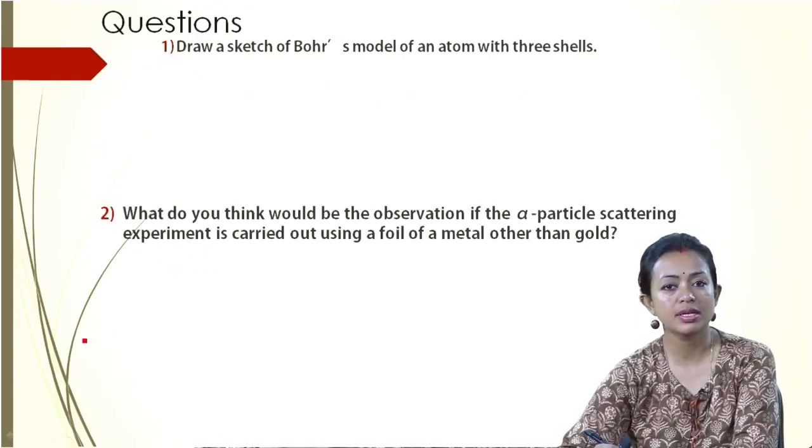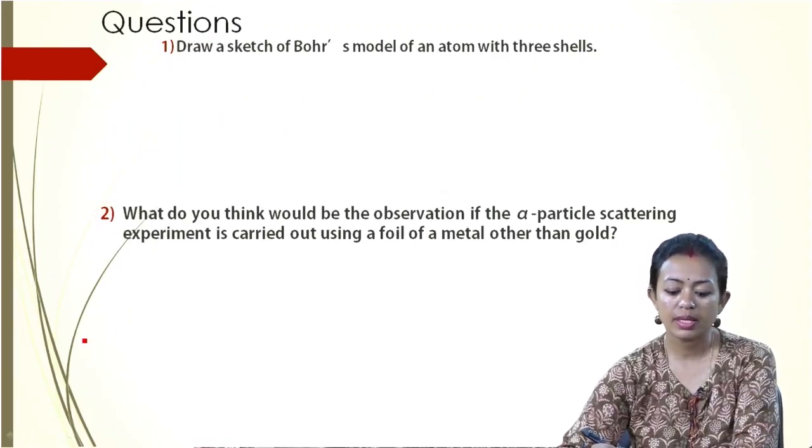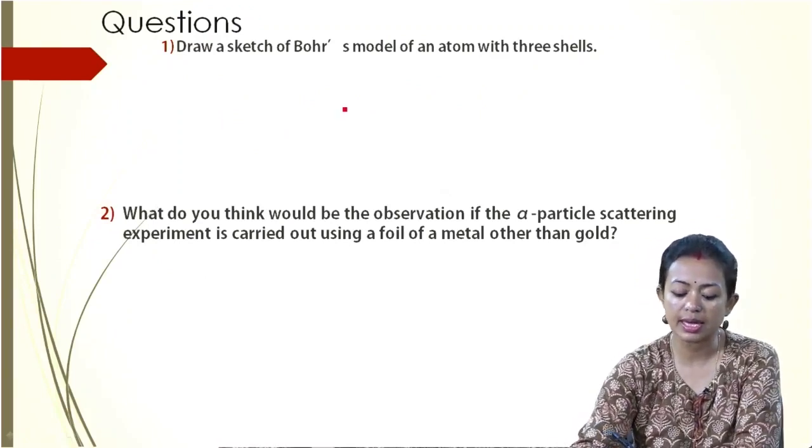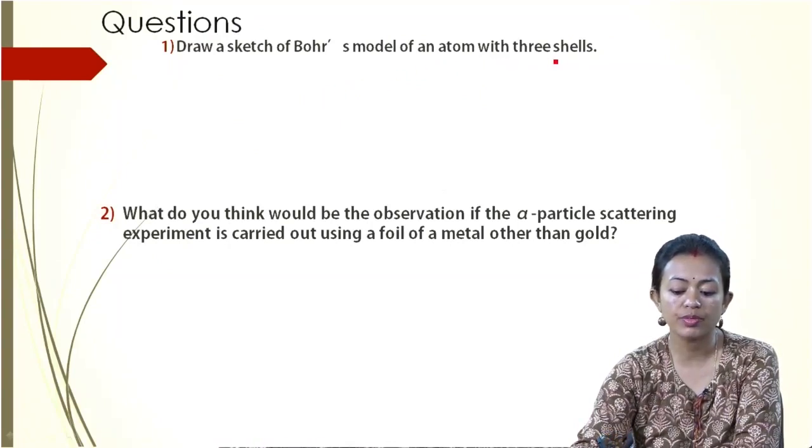Alright, now let us continue with the question answers. In this question, it says: draw a sketch of Bohr's model of an atom with 3 shells. As I had already explained, in Niels Bohr's model of an atom, he said that there is a centrally located positive nucleus, just as Rutherford had said.